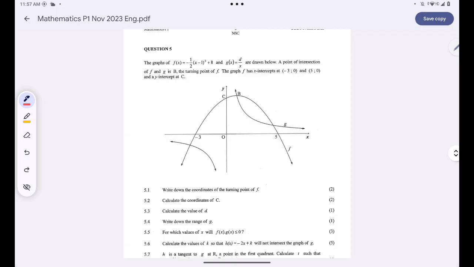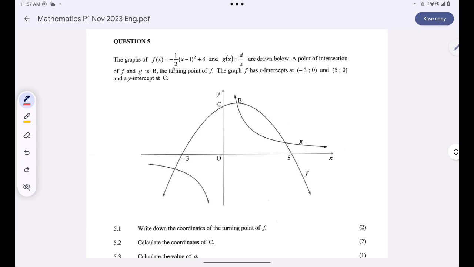Guys, if ever you're given your quadratic function like this, they're telling you two things. Firstly, your graph will be facing downwards. Why? Because the value of a is negative. Secondly, they are giving you the coordinates of the turning point. This is the x coordinate of the turning point, and that's the y coordinate.